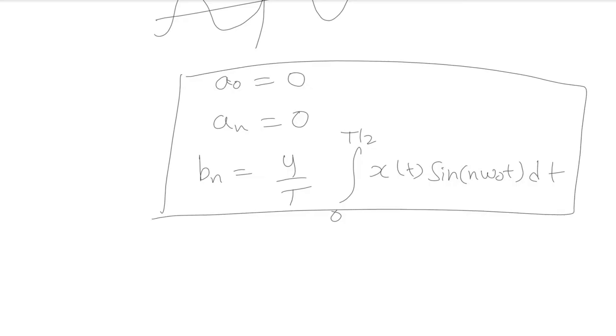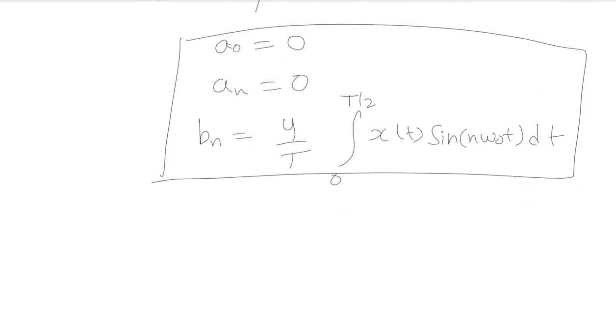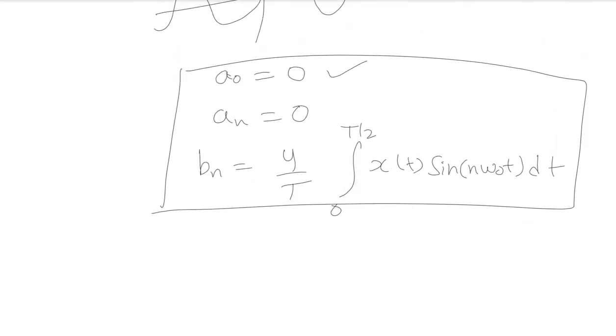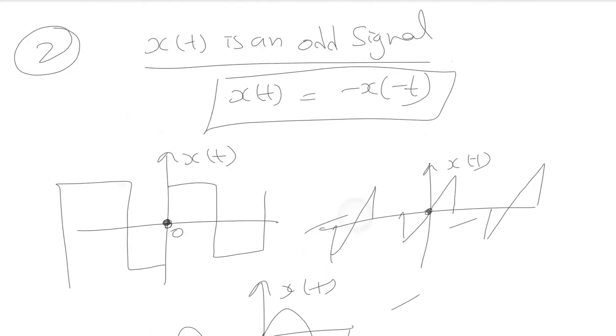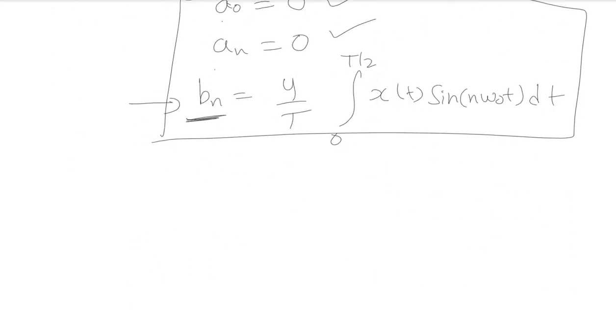So whenever x(t) is an odd signal, the coefficients a0 and an will be 0, and we have to only find bn using this expression. I'm not doing the proof of this condition because it is exactly similar to what we did in the case of the even signal symmetry. So you can prove all these three coefficients on your own.